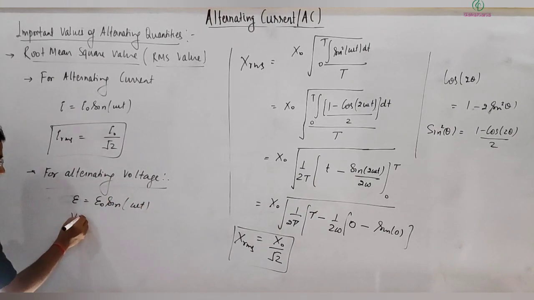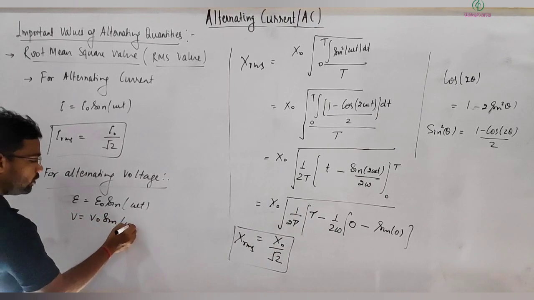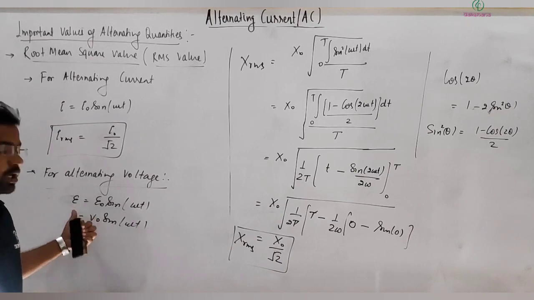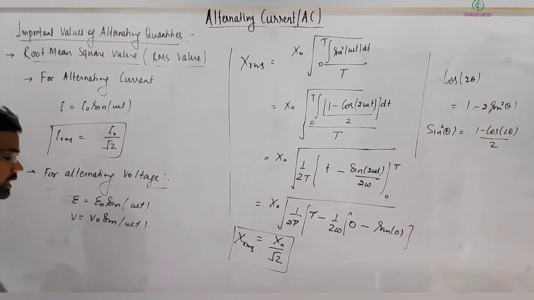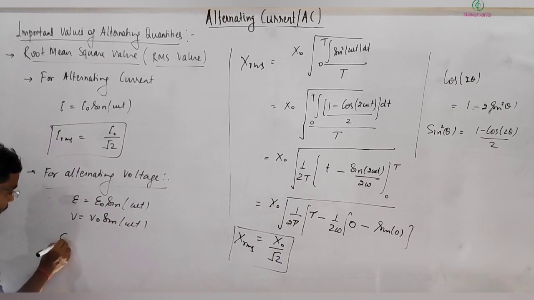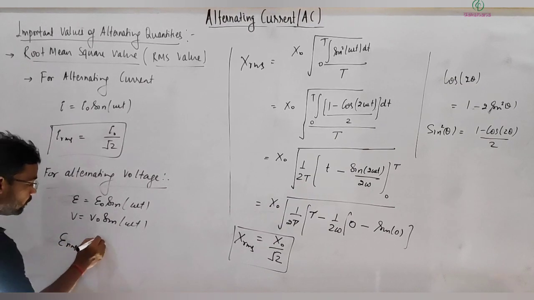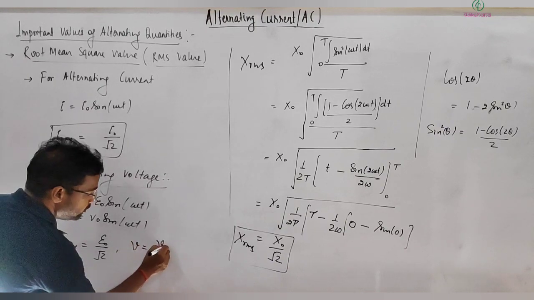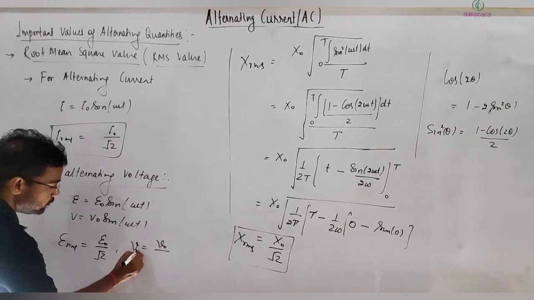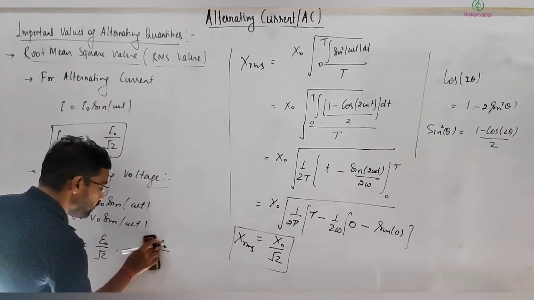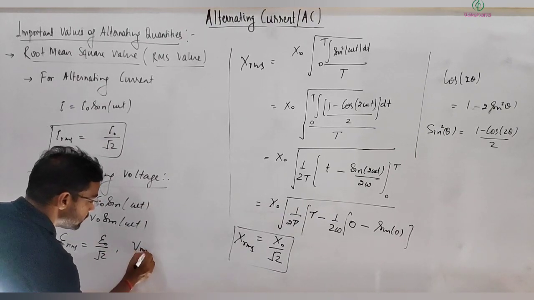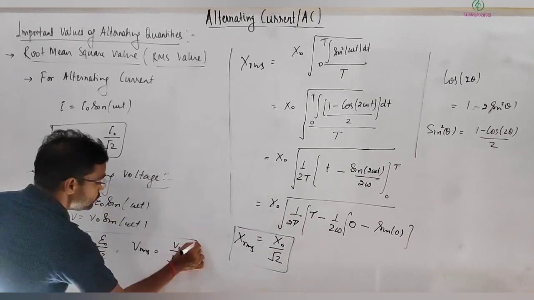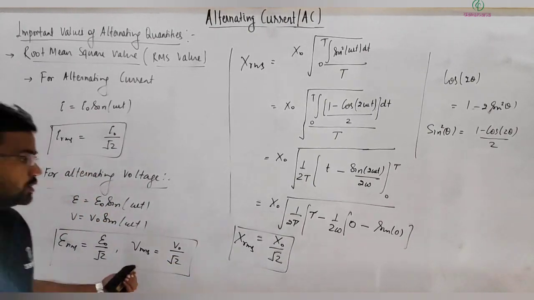Sometimes it can be given as V is equal to V naught sine of omega t, because voltage or EMF we either write in terms of small e, or also in terms of V. So here E RMS is equal to peak value divided by root 2, or you can write V RMS is equal to peak value divided by root 2. So these are the RMS values.